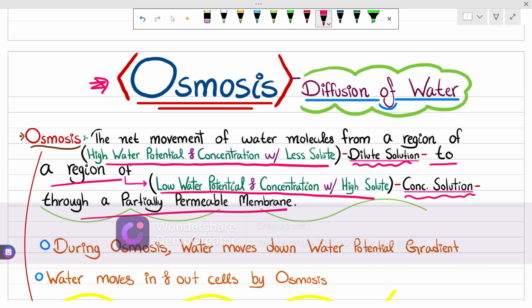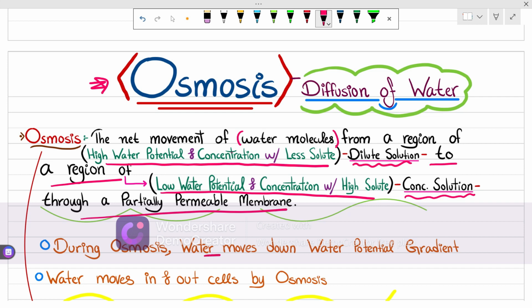So during osmosis, water molecules, not particles, not any molecule, but water molecules specifically, move from a region of high water potential, so they move from a dilute solution to a region of low water potential, a concentrated solution.